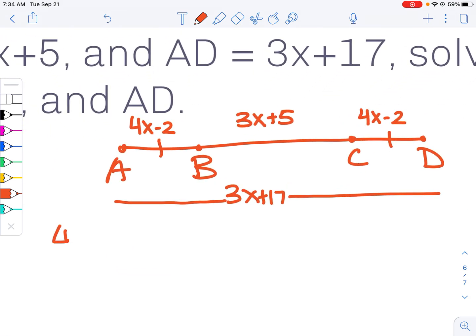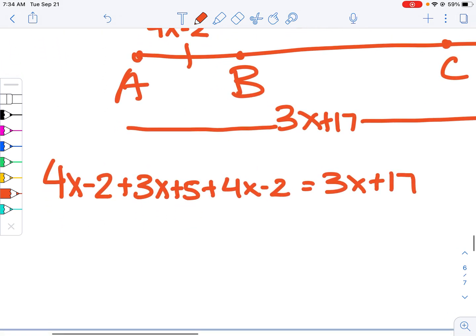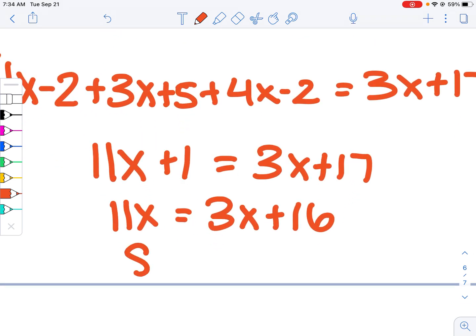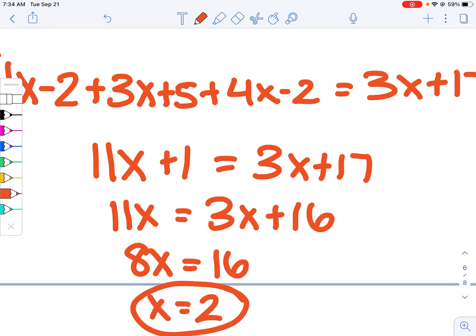I'm going to go ahead and add my parts and set that equal to 3x plus 17. Combining like terms, I get 11x plus 1 equals 3x plus 17, which means 11x equals 3x plus 16, and then 8x equals 16, so x is 2.